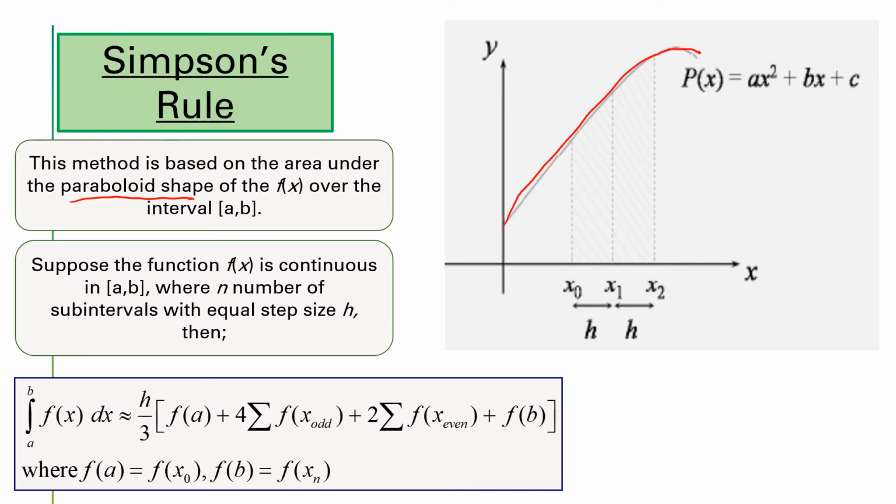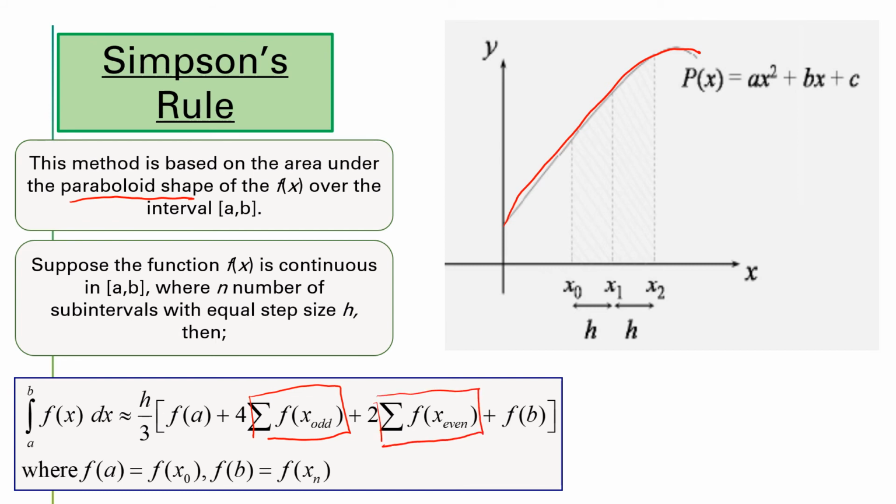Next, let's see the formula for Simpson's rule. The numerical integration approximates h over 3 times f(a) plus 4 multiplied by the summation of f(x odd) plus 2 times the summation of f(x even) plus f(b).